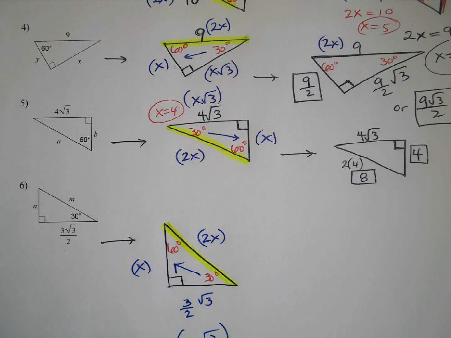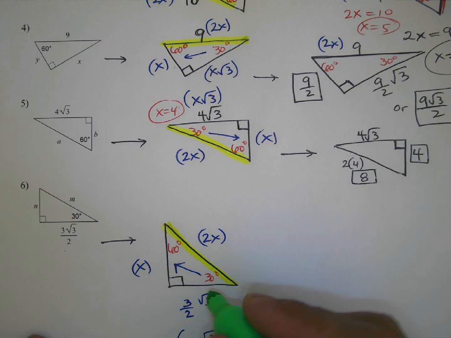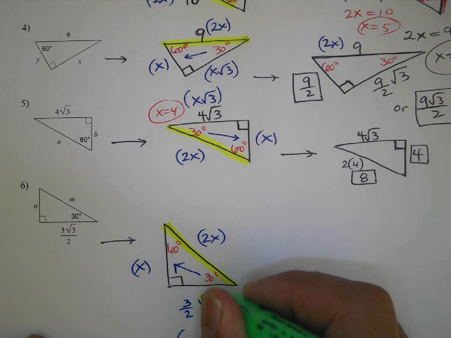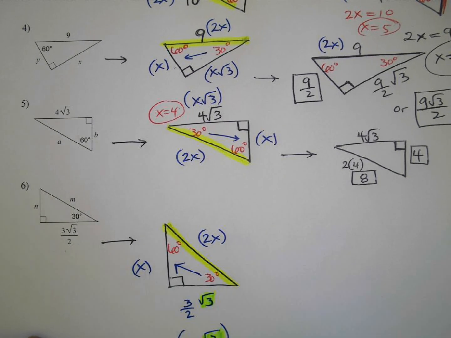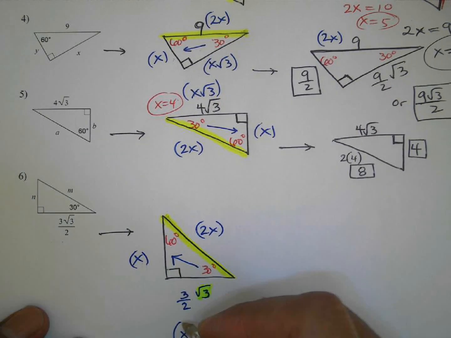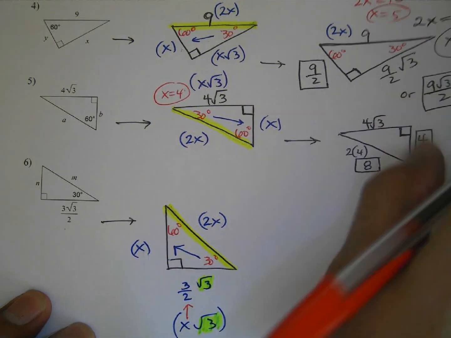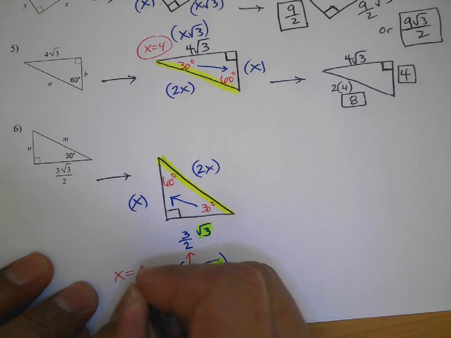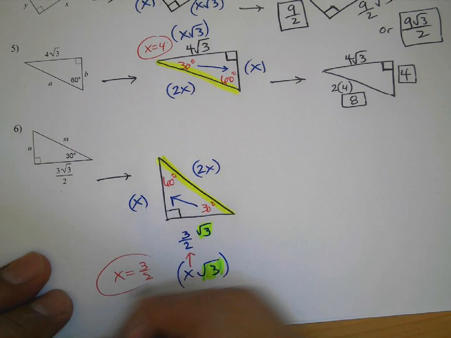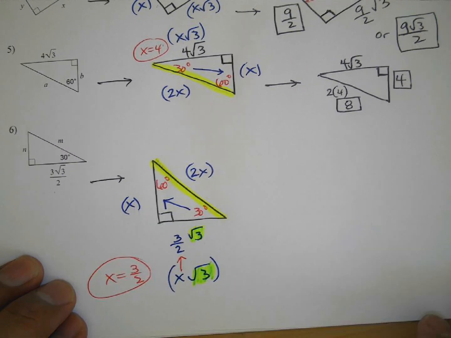And this is what I mean. You see how the root 3 matches with this root 3? That means your value of x is what? That's going to be a fraction. Your value of x is 3 over 2.